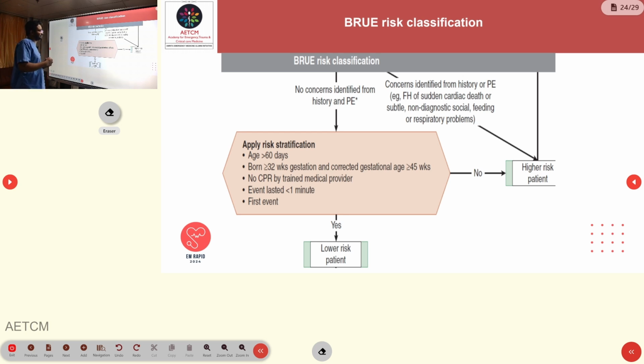Or if the patient is not having any other problems, we will apply risk stratification: age greater than 60 days, born after 32 weeks of gestation, corrected gestational age greater than 45 weeks, and no CPR initiated by the caregiver, with the event lasting less than 1 minute and being the first event. We will classify the child into the lower risk category.